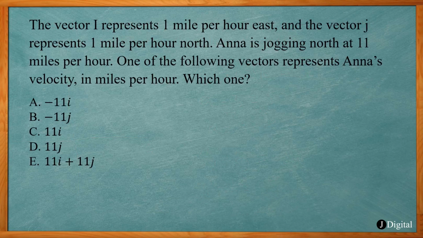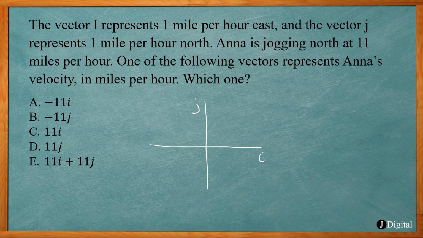And this problem says the vector i represents 1 mile per hour east, and the vector j represents 1 mile per hour north. Anna is jogging north at 11 miles per hour. Which of the following vectors represents Anna's velocity in miles per hour? So again, we have our i along the horizontal and j the vertical.